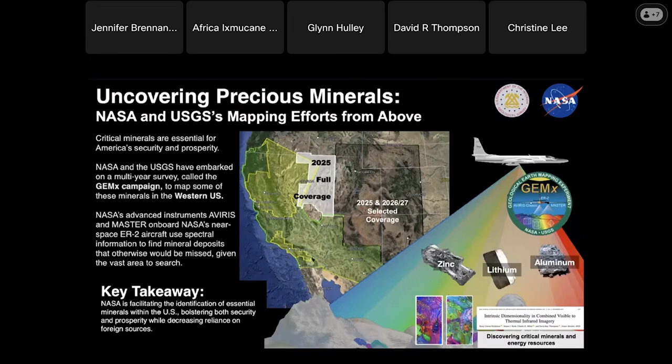An example of this is HyTES and AVIRIS and MASTER instruments being flown across the western U.S. to develop highly detailed critical mineral maps, and this is in connection with the USGS for the GEMx campaign.